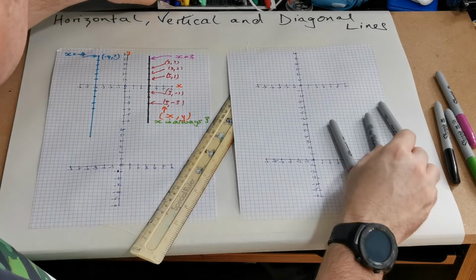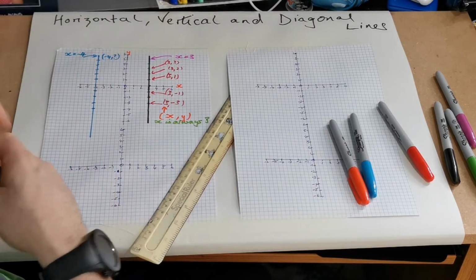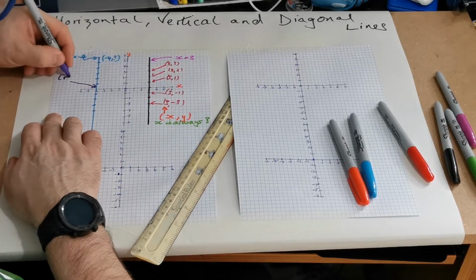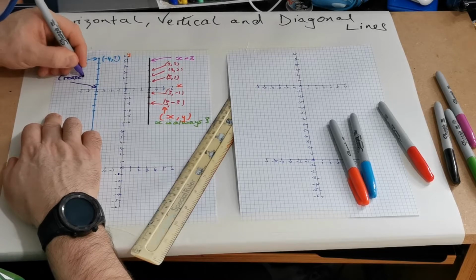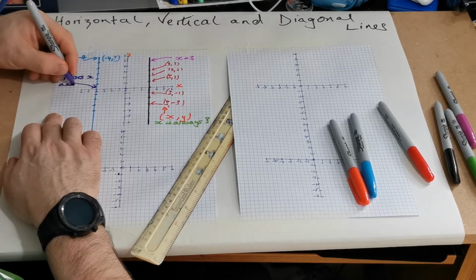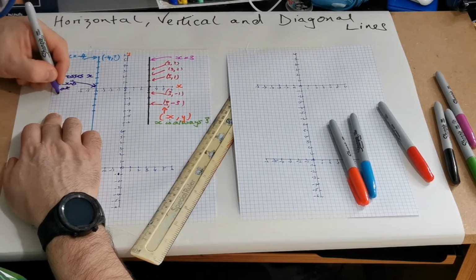And a thing to notice is that it crosses the x-axis at minus 4.